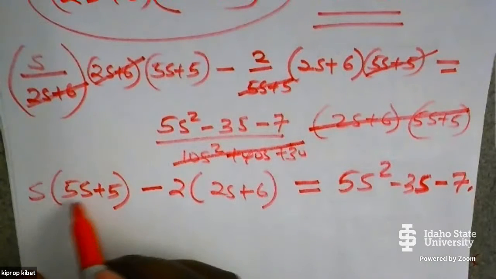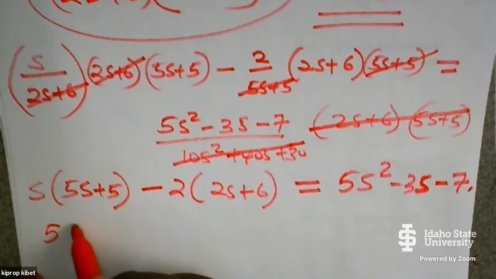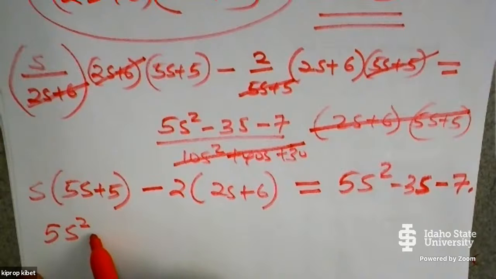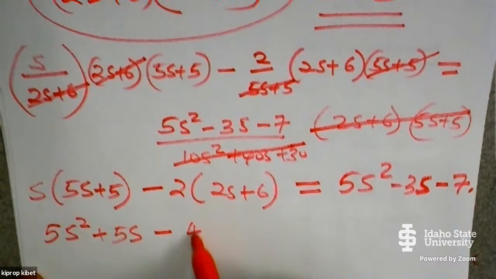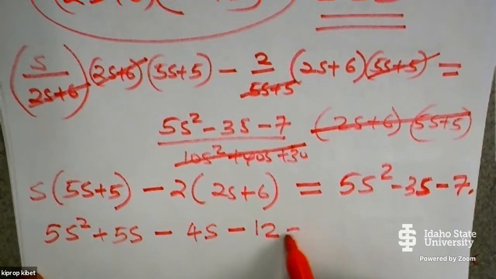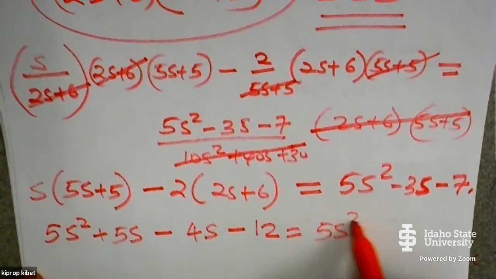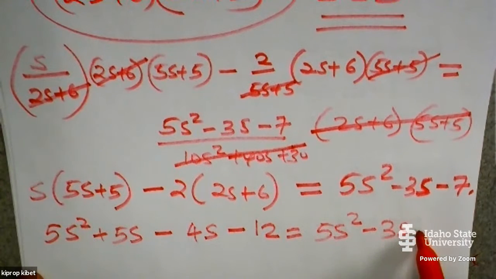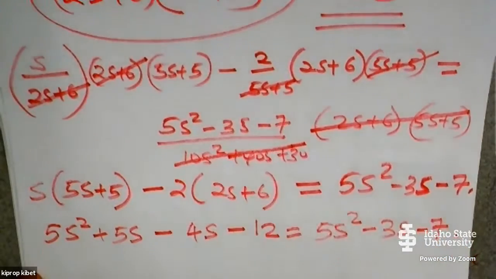So when you open these brackets, you get 5s squared plus 5s minus 4s minus 12 equals 5s squared minus 3s minus 7.